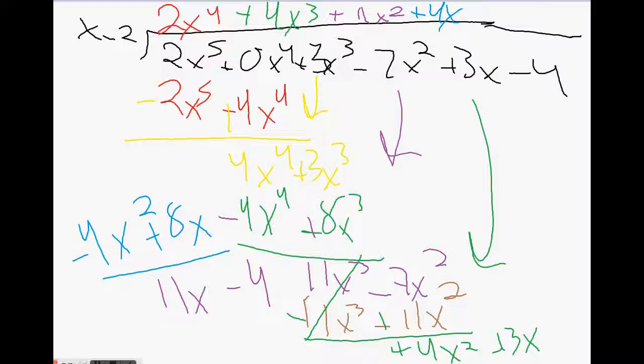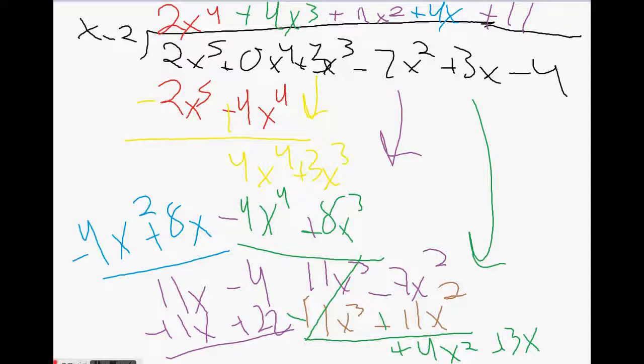So I'll put positive 11 there. Positive 11 times x is 11x. 11 times negative 2 is negative 22. The signs become the opposite. So negative 4 plus 22 is positive 18, I think.